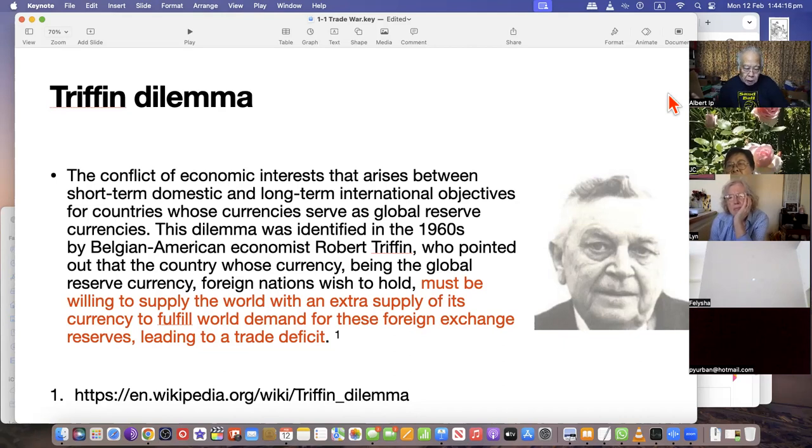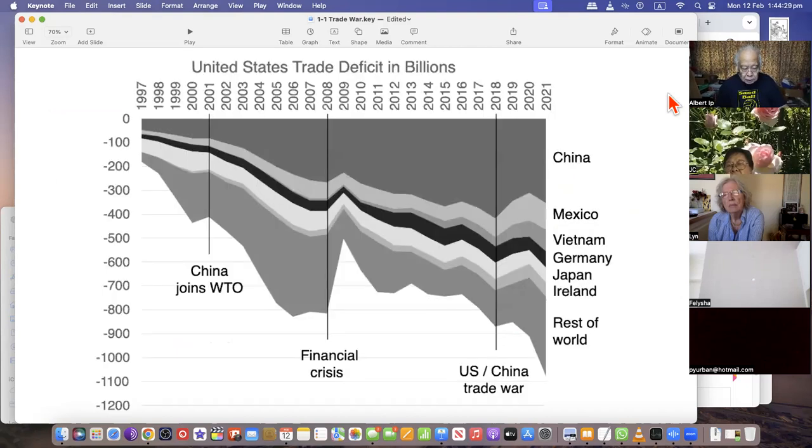And therefore, when there's an easy way to make money, everybody goes to this easy way and forgets about manufacturing. So a consequence of this is that the US trade deficit grows and grows and grows. Of course, within that there is a huge Chinese component.